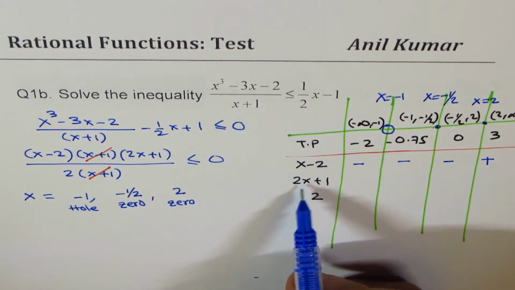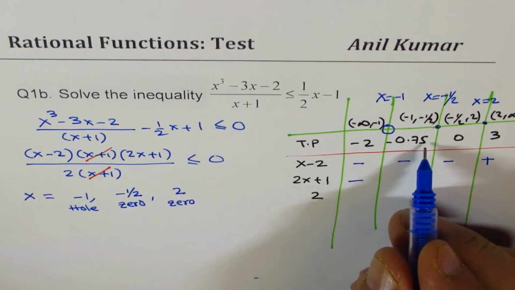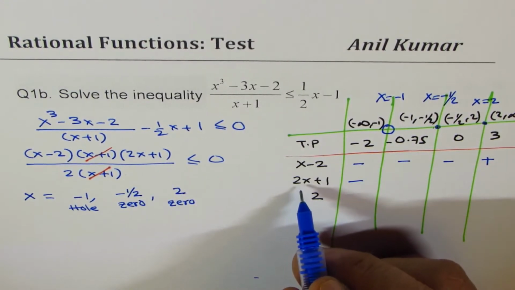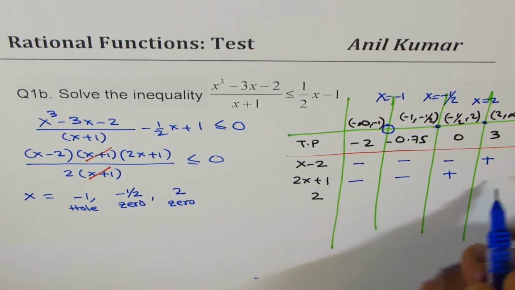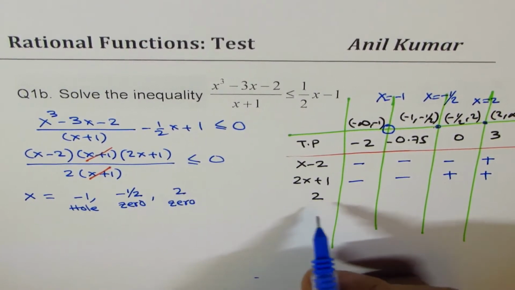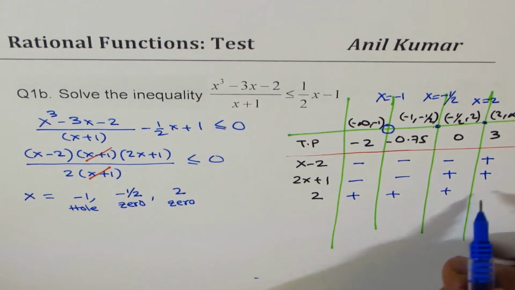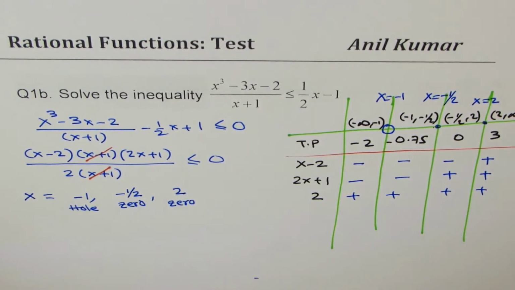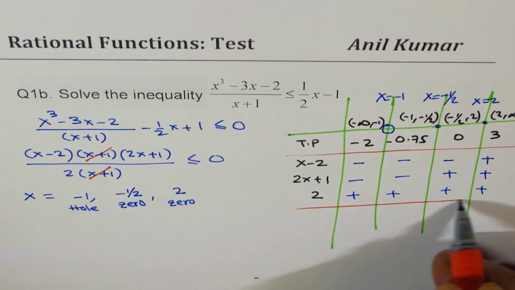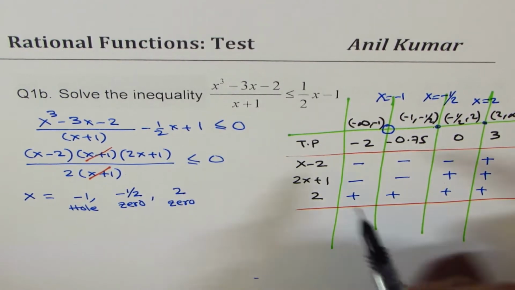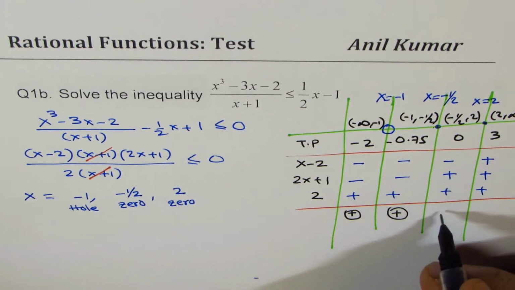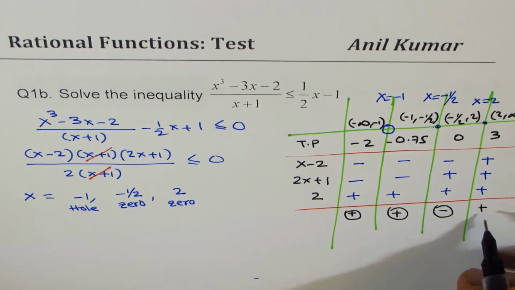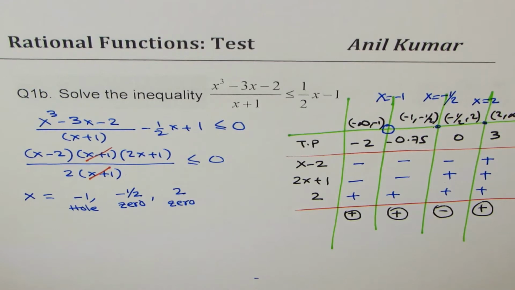For the next factor, minus 2 gives us negative, minus 0.75 times 2 will be minus 1.5, negative, 0 however will give us positive, 3 will give us positive. 2 remains positive, right? And the net result is, when you multiply 2 negatives, you get a positive. 2 negatives give a positive. 1 negative is a negative. And 3 positives give you positive.